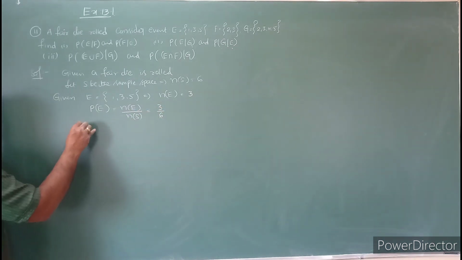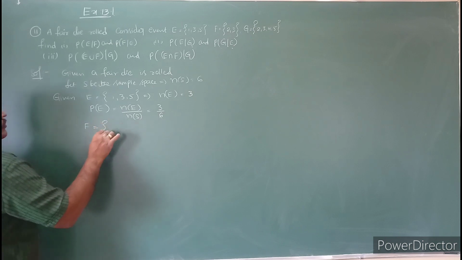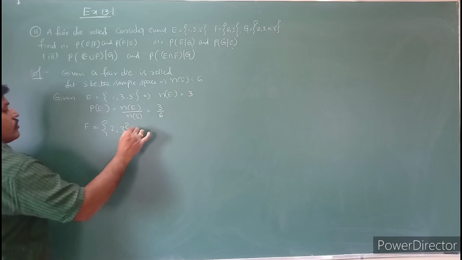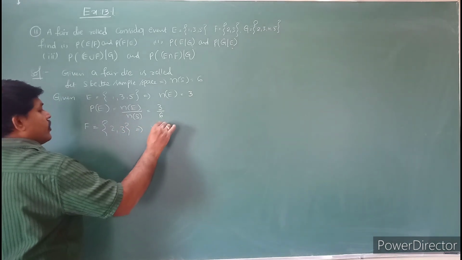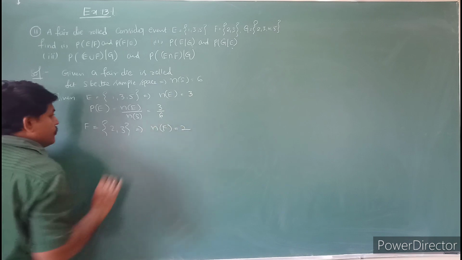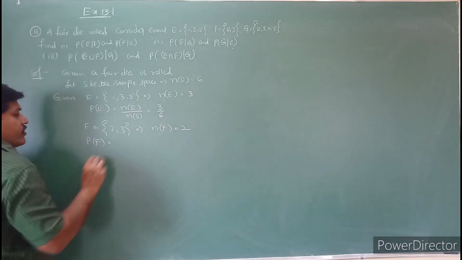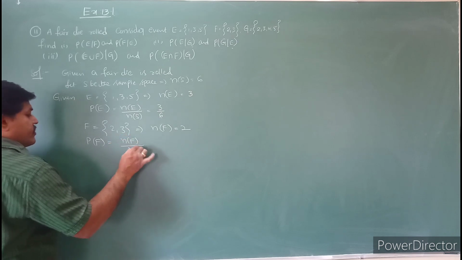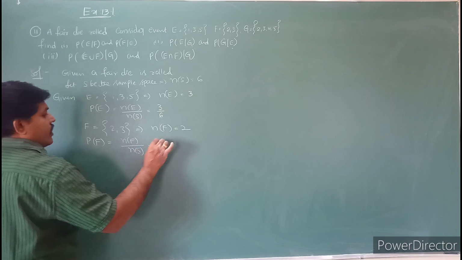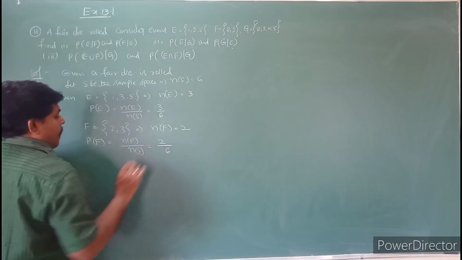Next, F is equal to, what is F? F is equal to {2, 3}. So that implies N of F is equal to 2. So the probability of F is equal to N of F by N of S, which is 2 by 6.